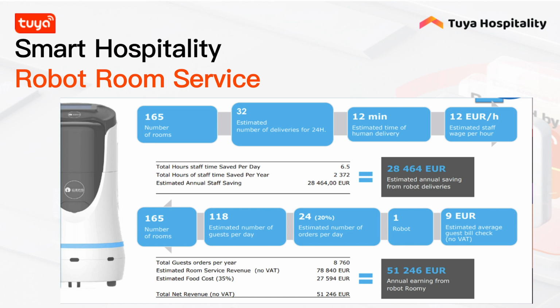As you can see from the stats on screen, according to occupancy and salary rates of an average European hotel, these robots can, at a bare minimum, serve to either save money on staff costs or, as I prefer to see it, open up those opportunities for your staff to deliver more value to guests and make better use of their time. On top of that, these robots continue to add a modern feel to a hotel and are often a strong selling point for those hotels who are really looking to deliver that high-tech USP.